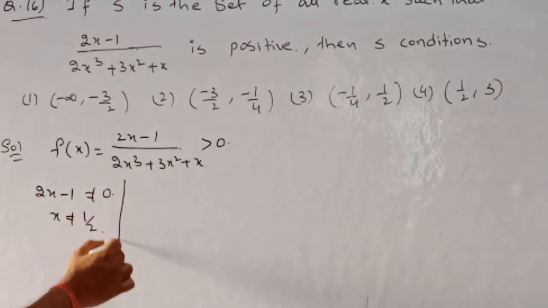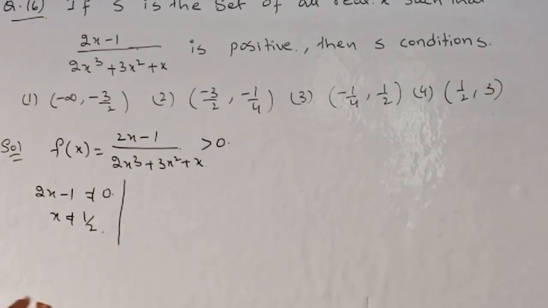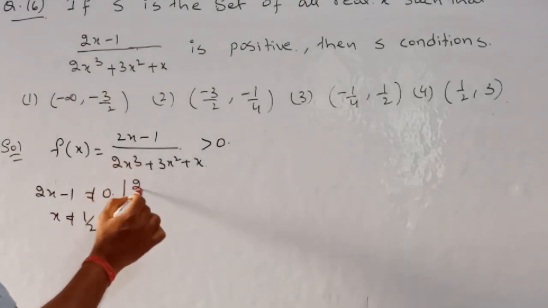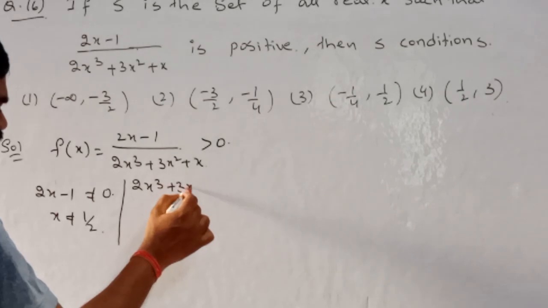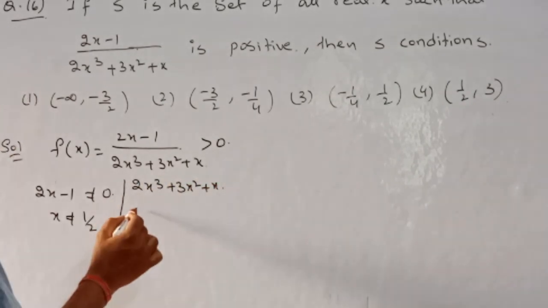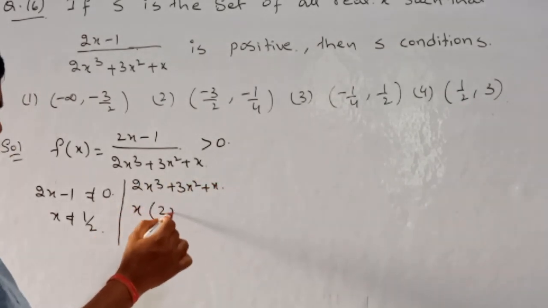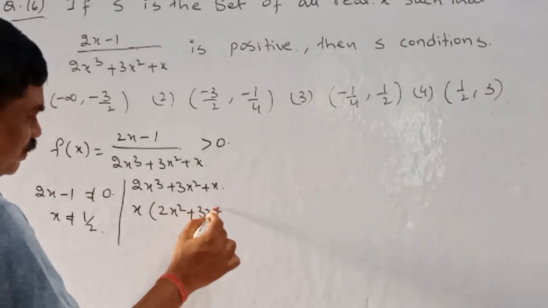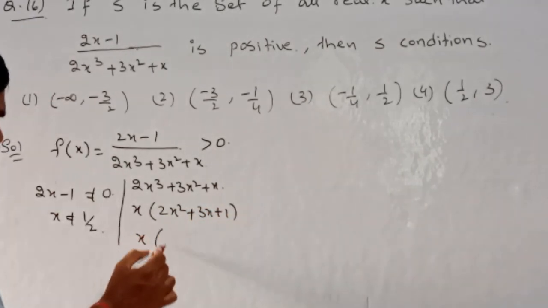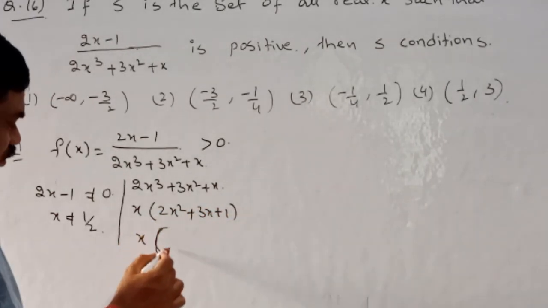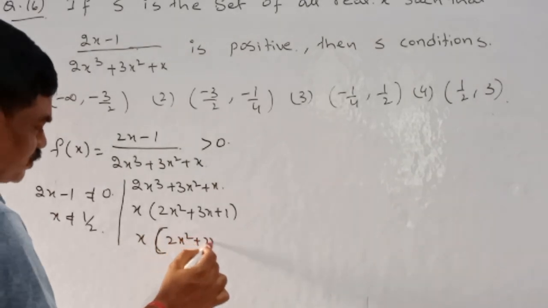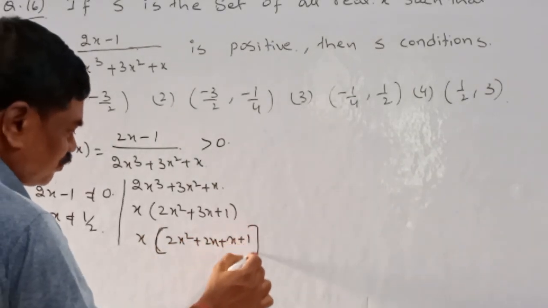Okay, all of you, for this one. And you take this one, 2x cube plus 3x square plus x. That is x common, 2x square plus 3x plus 1. That is x of factors of this one, you see, 2x square plus 2x plus x plus 1.